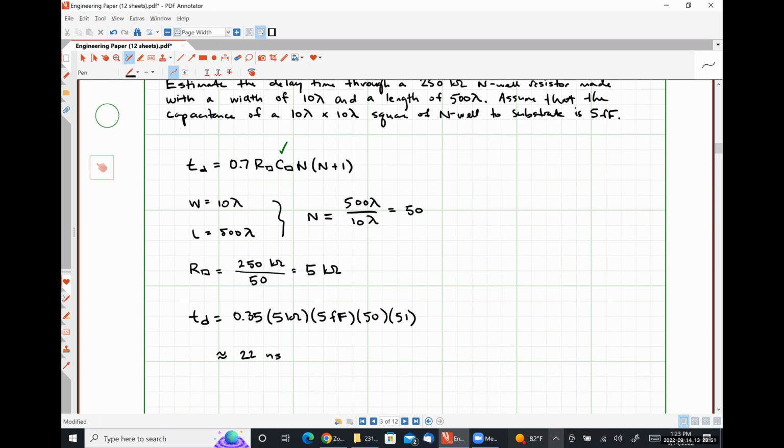So that's our delay time that's introduced. Now, this is using transmission line theory to figure out what the delay time is going to be. There's also a property called the intrinsic delay time that is related to the material.